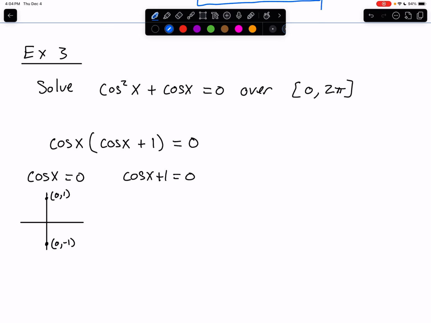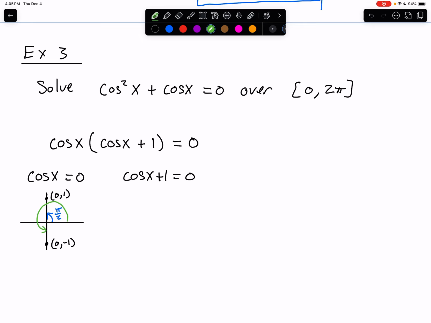Now, because my interval is 0 to 2 pi, you should write your answer in radians, because the interval is in radians. So let me talk about my 2 radian measures here. This blue one is going to be 90 degrees, which is pi over 2. And then I want this green one, the big one.